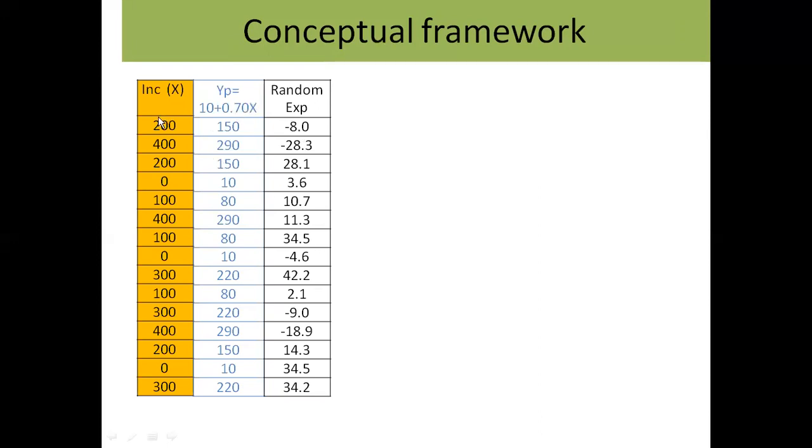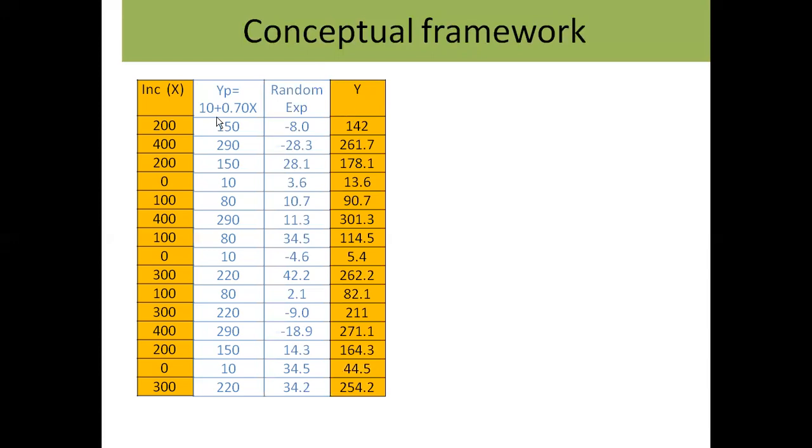So what will be the expenditure of this first person? It will be the sum of this 150 plus this random part. This was the original data, the known income, and this is now the expected expenditure. Why expected? Because what people were saying and the random behavior are both taken into consideration.